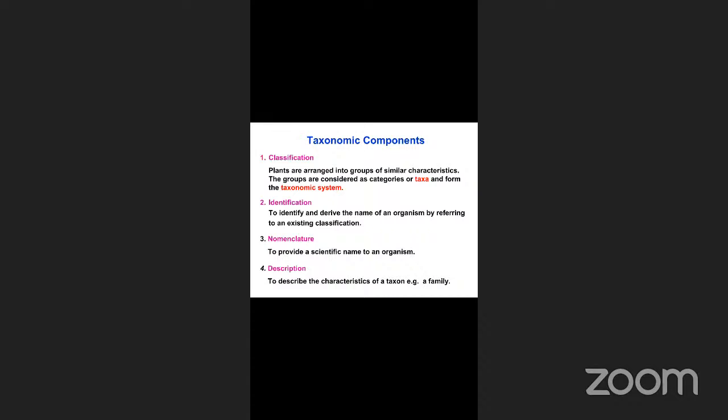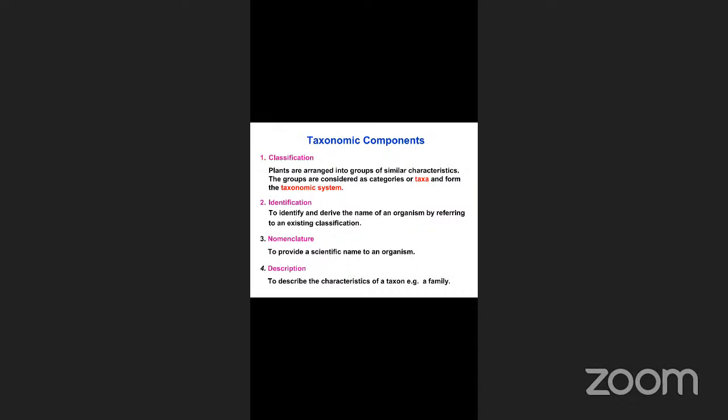And the fourth one is description. Description gives the whole plant information, that is, to describe the characteristics of a taxon, family or plant. All these belong to the taxonomic components.